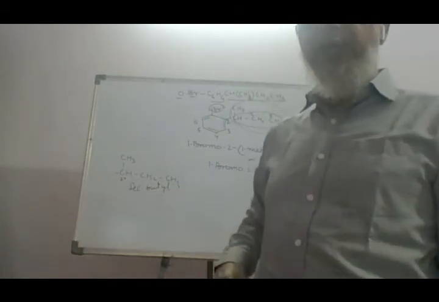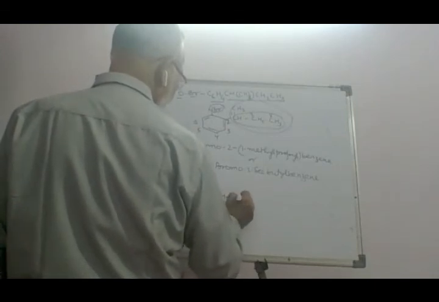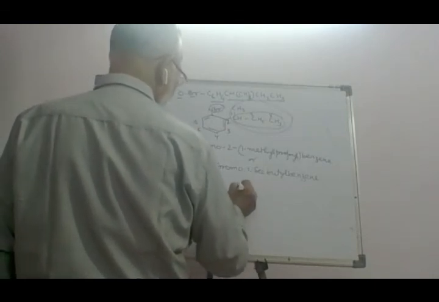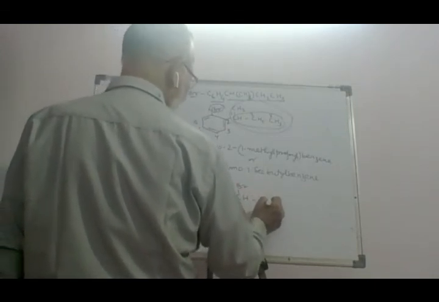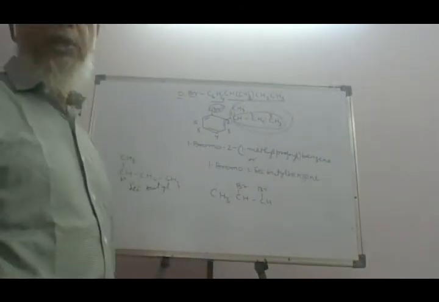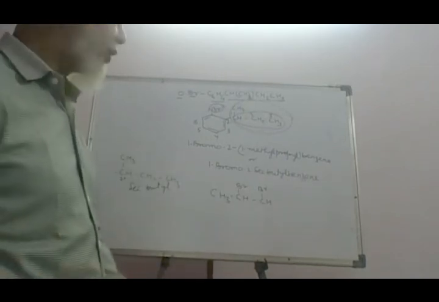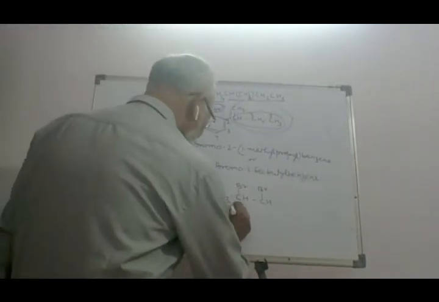In case of dihalogen derivatives of the alkane, which are named as vicinal or gem, in the common naming system, this is vicinal. And on the basis of the common naming system, this will be propene dibromide.